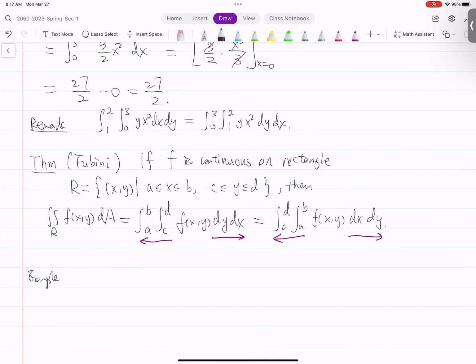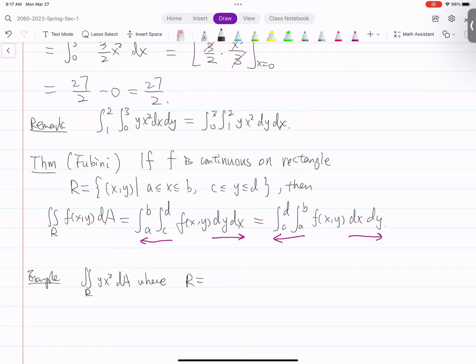Example. So actually, we have calculated from the previous example that these two integrals are the same, right? So you can also conclude that if you are specifying the rectangle for this function y squared, then this integral is definitely going to be the same.